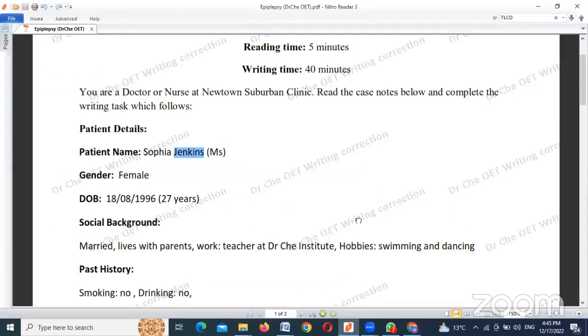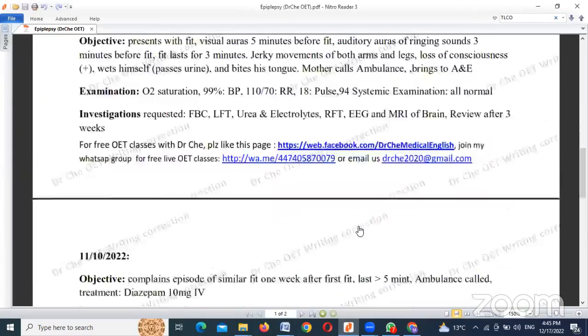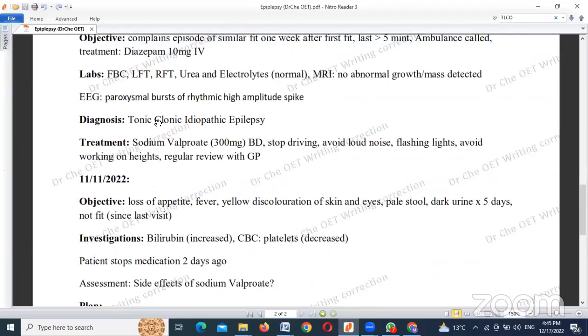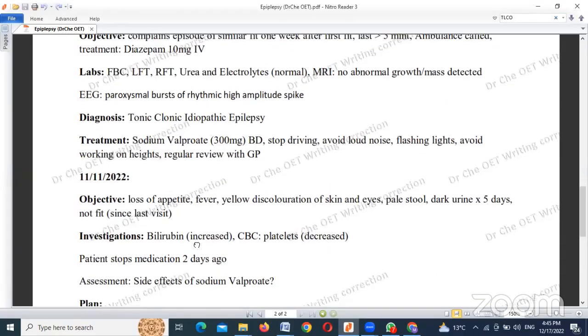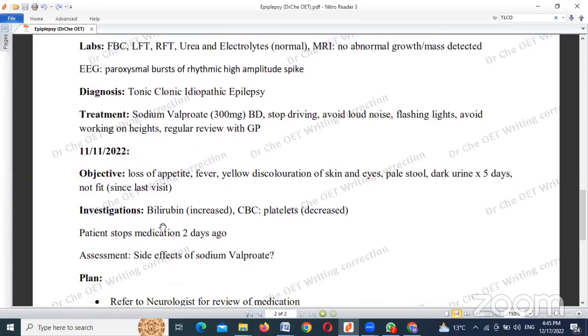We need to write. So we have two things here. If you see here, in the last visit was tonic-clonic idiopathic epilepsy. And today, we have side effects of sodium valproate.